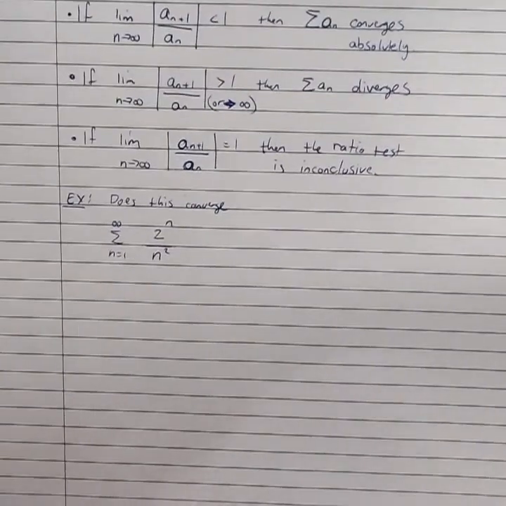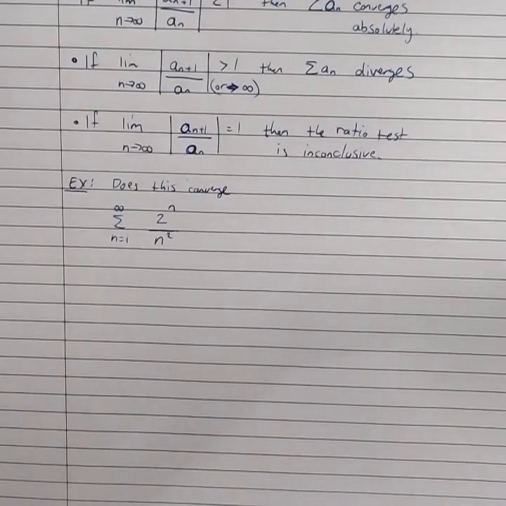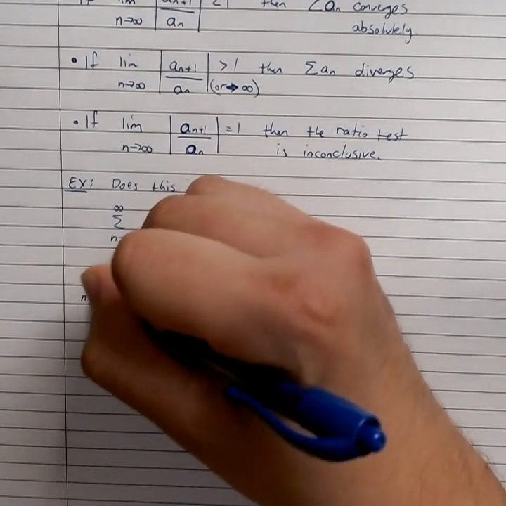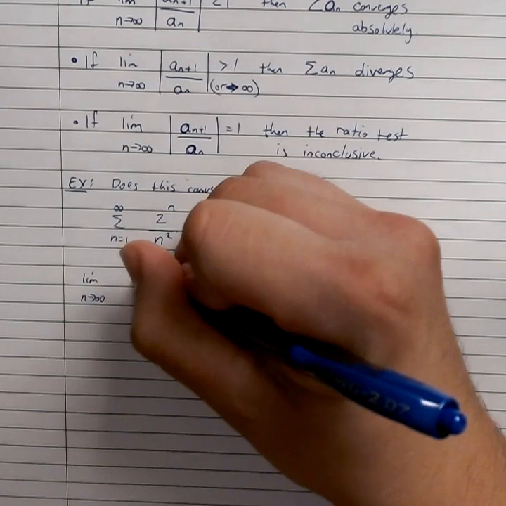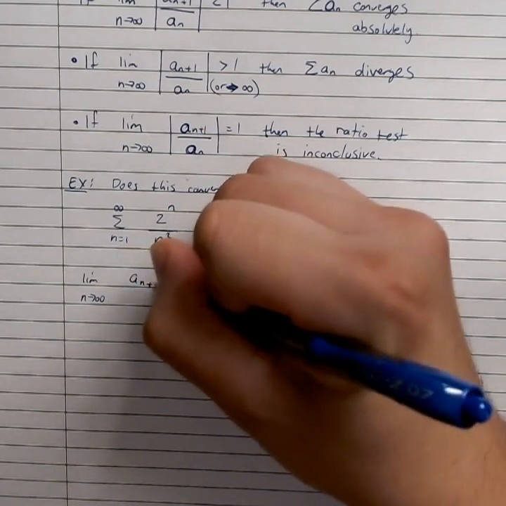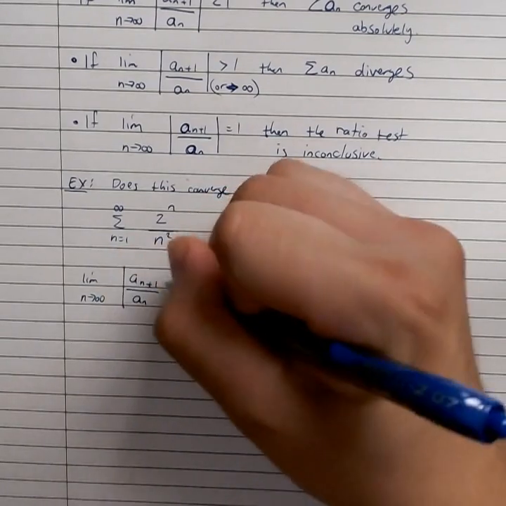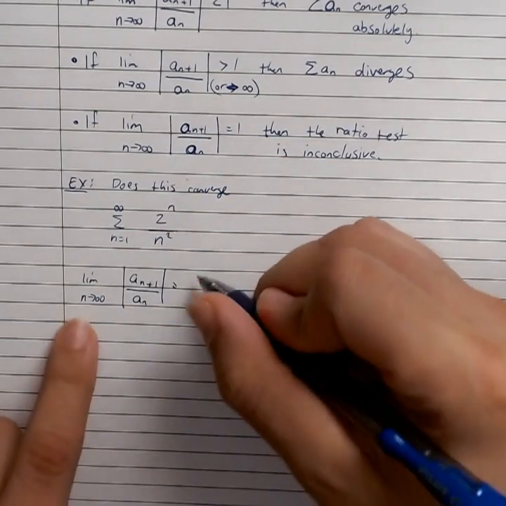Okay, and here we could do this a few different ways, but I'm going to do it by the ratio test. All right, so let's take the limit as n approaches infinity of a sub n plus 1 over a sub n in absolute value. All right, well, let's see what that's going to look like.